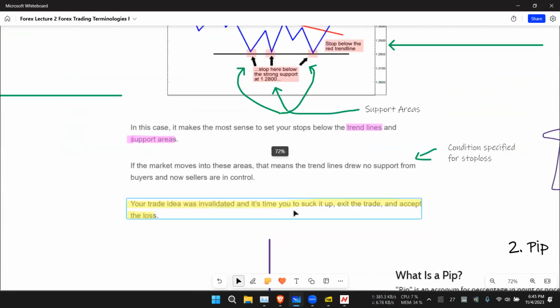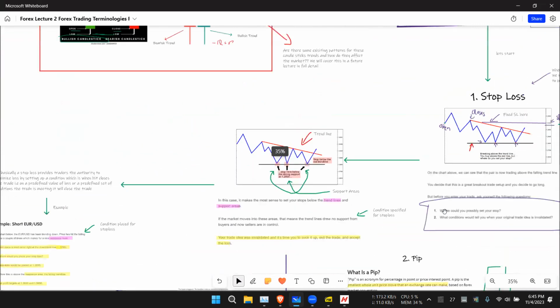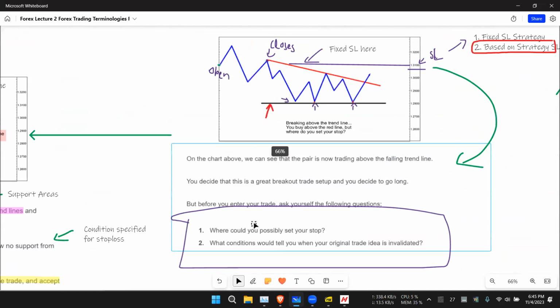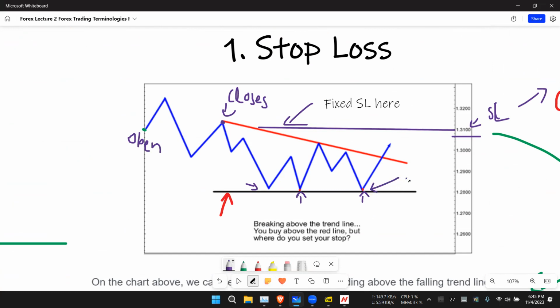The logic behind this is that we want to prevent our loss from getting bigger. So the stop loss has to be above. We can't go down here. Just imagine if I put a stop loss here on this part, it would make my loss a lot bigger.